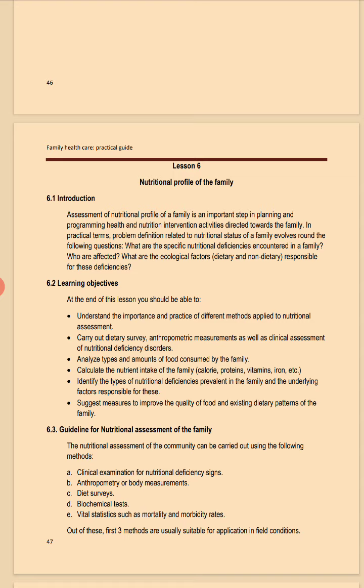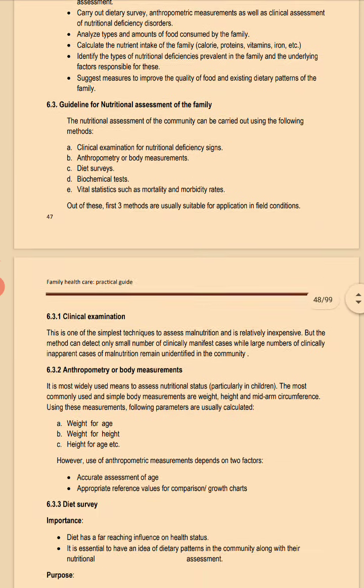Out of this, we apply A, sometimes B, C, D, and E in our field surveys.